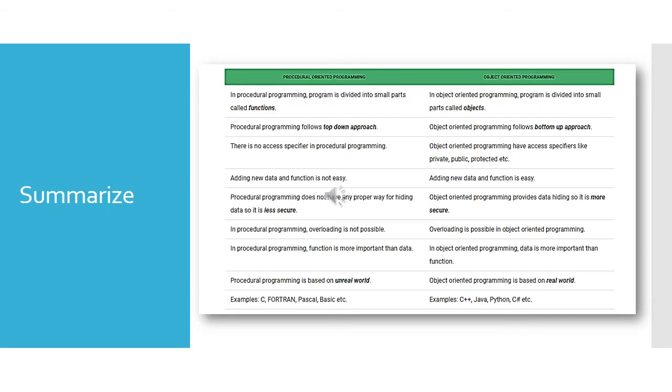To summarize, object oriented programming gives you different features such as abstraction, encapsulation, inheritance, and polymorphism. Abstraction, as I said, is data hiding.